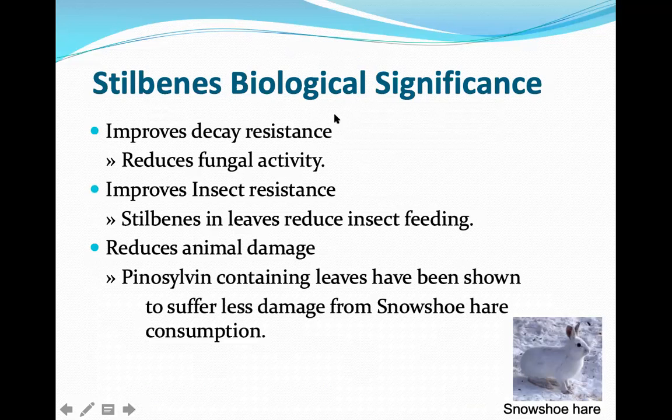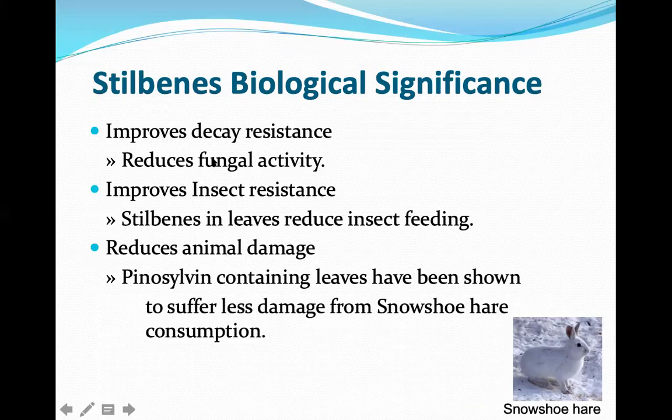Stilbenes are biologically very important, and they have significant biological activities. They improve decay resistance, reduce fungal activity in the wood, and improve insect resistance. Stilbenes in leaves reduce insect feeding, and also reduce animal damage, because secondary metabolites are produced by the plants for their own protection.